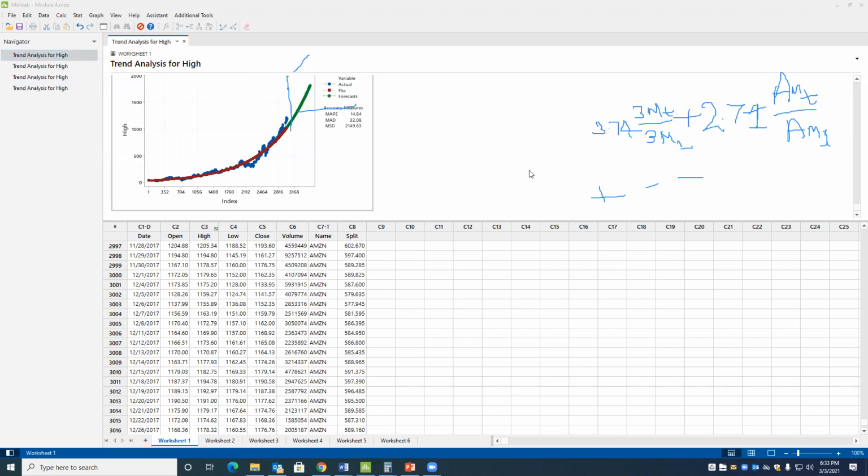Yeah, final question we'll talk about. Will there be Minitab questions? Certainly there will be Minitab questions, because we are using Minitab and we need to use it.